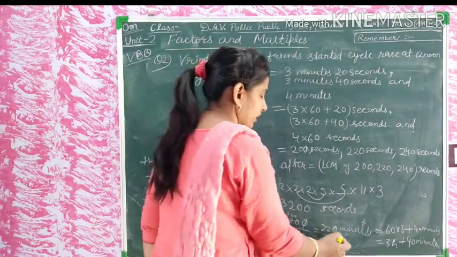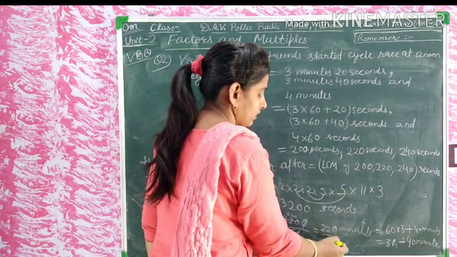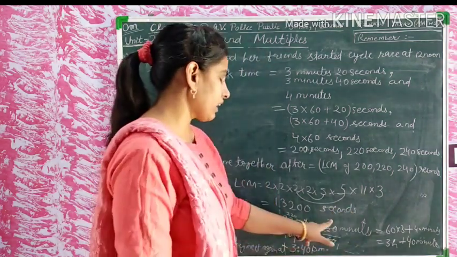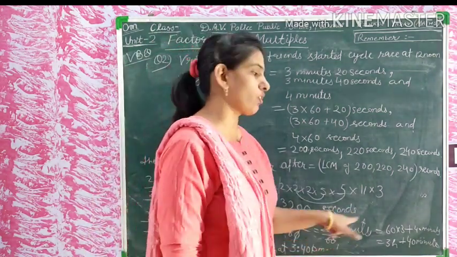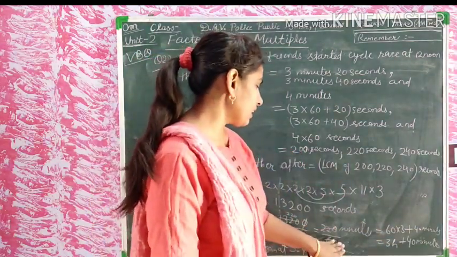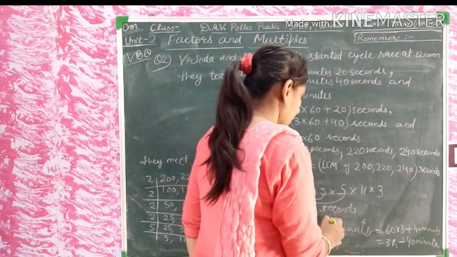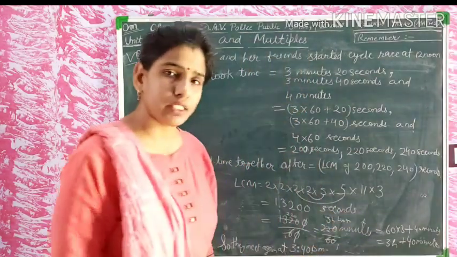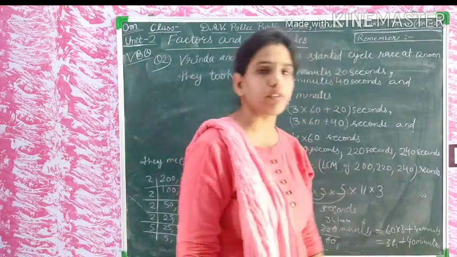Dividing by 60, 60 times 3 is 180, and 180 plus 40 gives 40 minutes left. So it is 3 hours and 40 minutes. Is this clear, students?